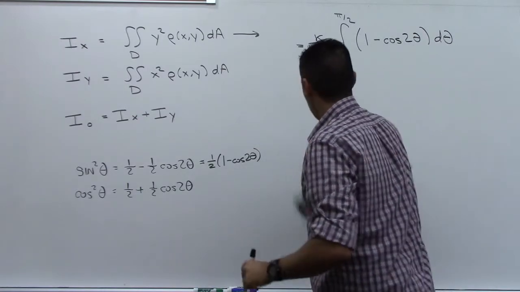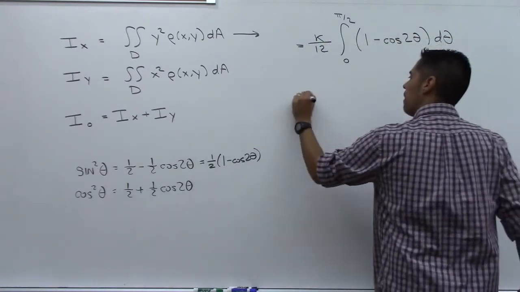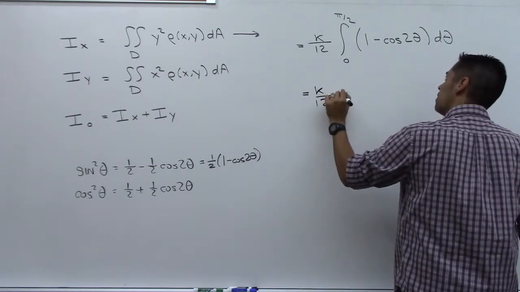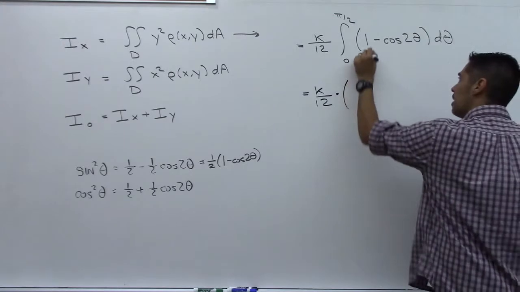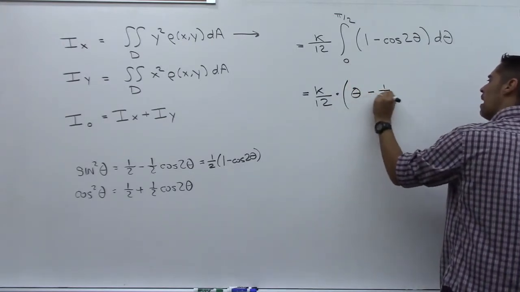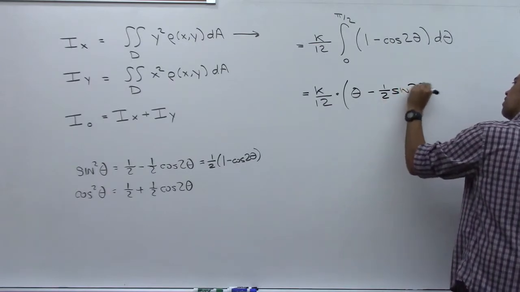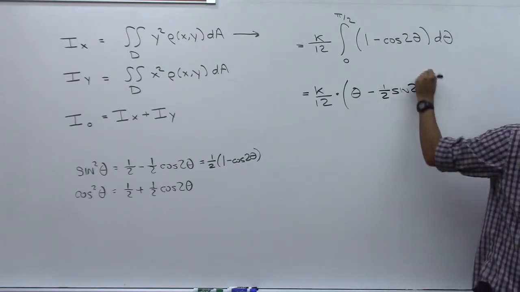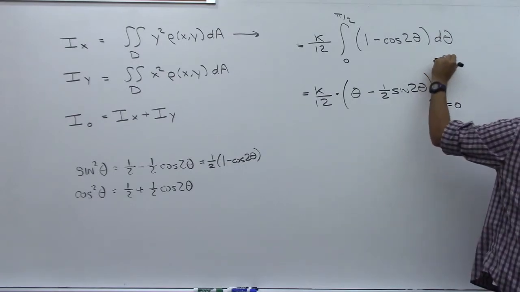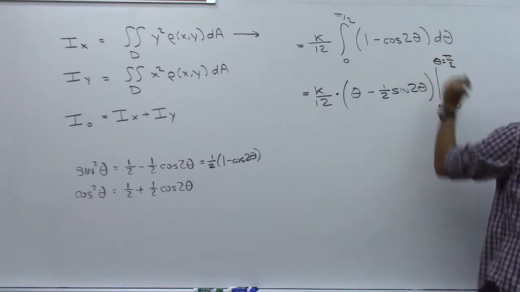And at that point, I just integrate. So k over 12 times the antiderivative of that, which is theta, then minus 1/2 sine 2 theta, evaluating from theta equals 0 to pi over 2.